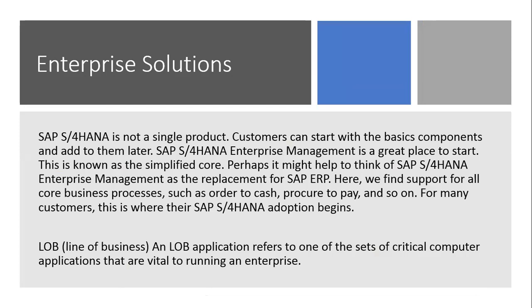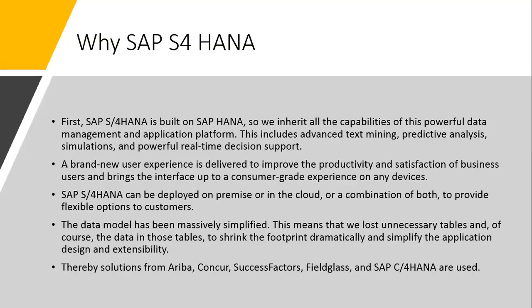And we also have consultants who have skills in these various areas. Now, the line of business application refers to one of the set of critical computer applications that are vital to running an enterprise. Of course, it depends on your line of business.